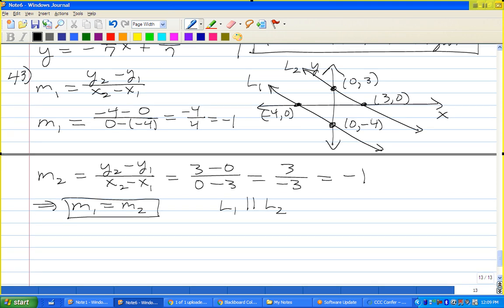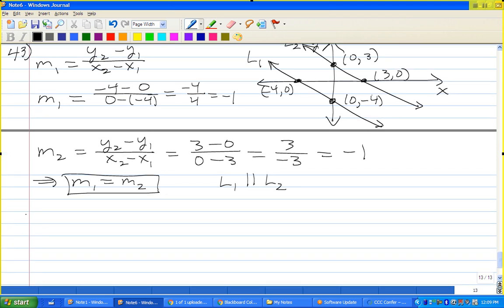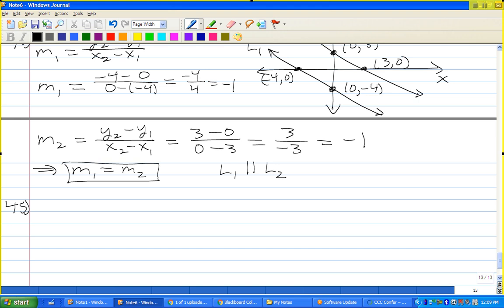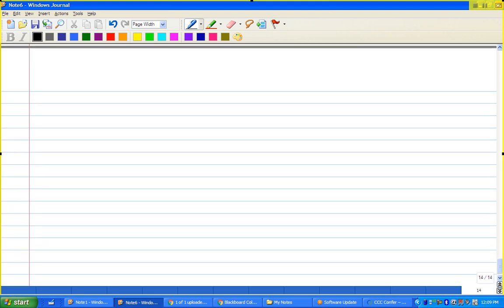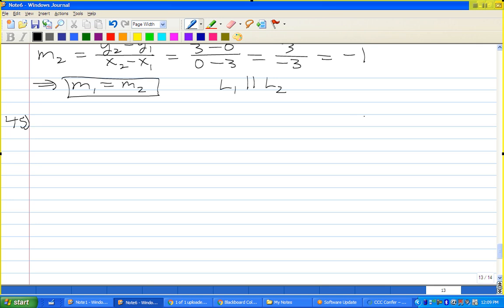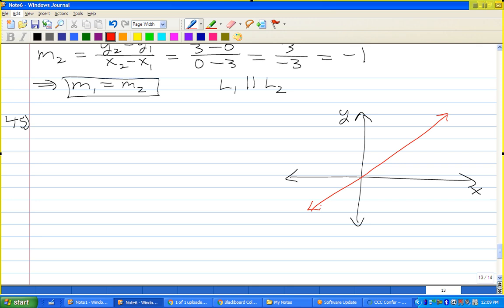Let me do problem 45. So I have here, and maybe I'll put in red, okay, that's the one line.